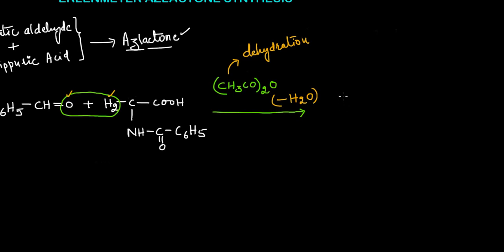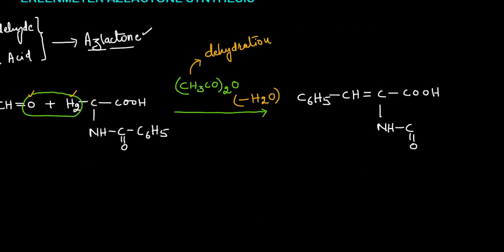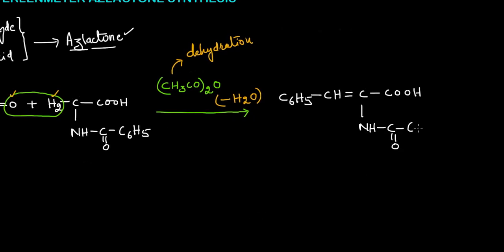We get C6H5 CH double bond, the CH double bond remains here and it gets connected to this carbon, with COOH there and this NH, C double bond O, C6H5.